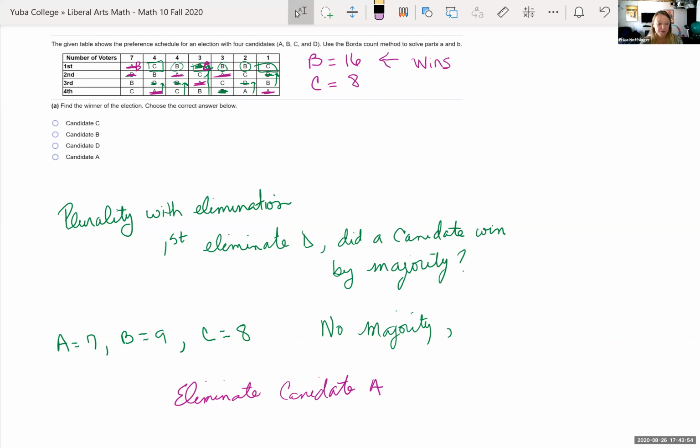It was the pairwise comparison, and that's where we had to go through and take candidate A and compare them to every single other candidate and see if they would have been the winner with that pair. Whoever wins the most out of the pairs, going through each candidate, is the winner of the pairwise comparison.